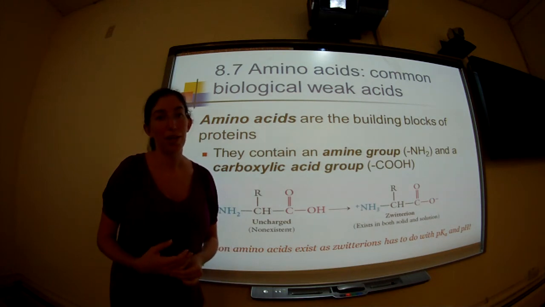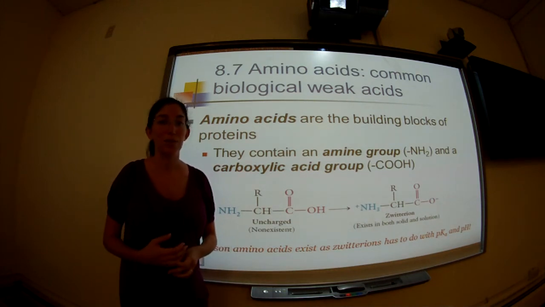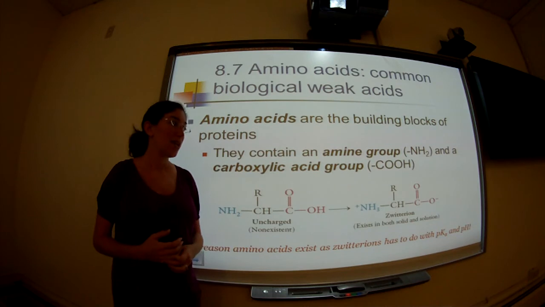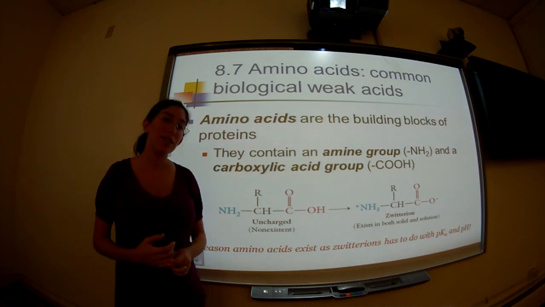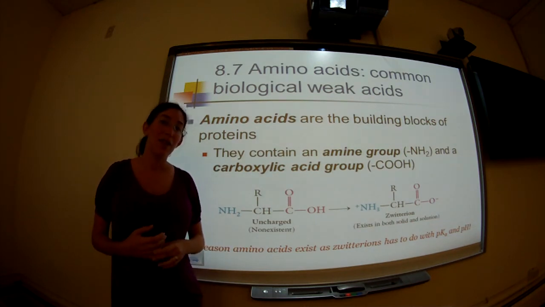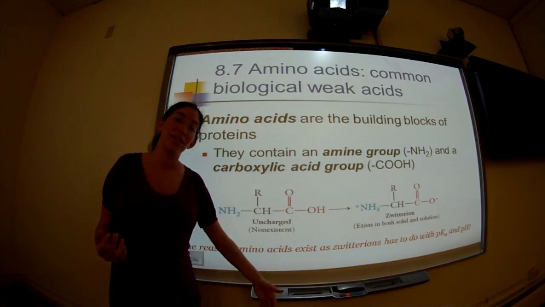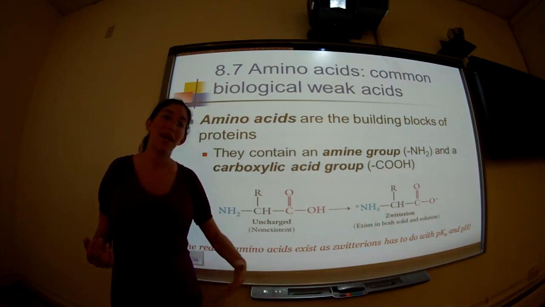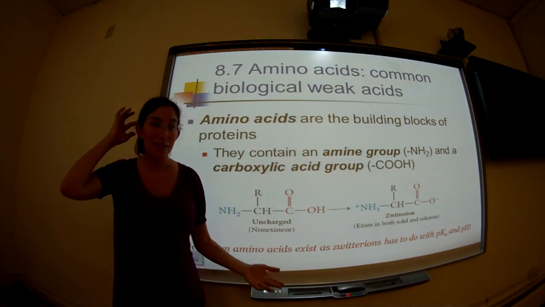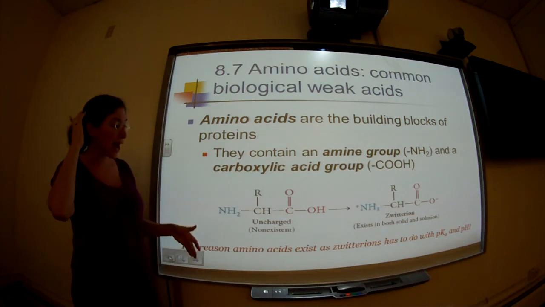Chapters 9 and 10 next are proteins and enzymes. And the building blocks of proteins are amino acids. Amino acids have an acid group, an acid functionality. They're biological weak acids.